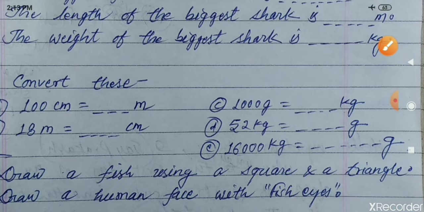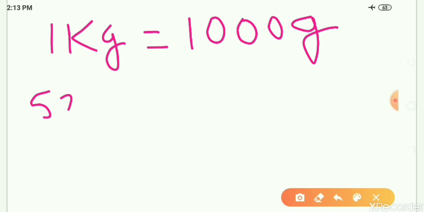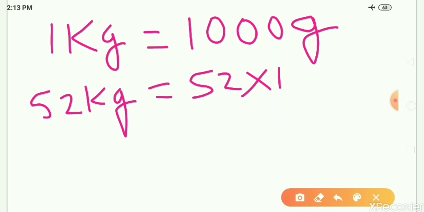This is the conversion between kilogram and gram, and when we convert the bigger unit into the smaller unit, we just multiply. 1 kilogram is equal to 1000 gram, so 52 kilogram is equal to 52 into 1000.